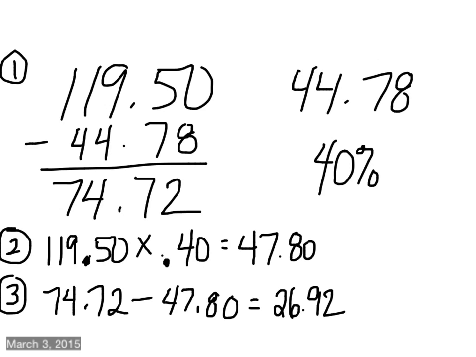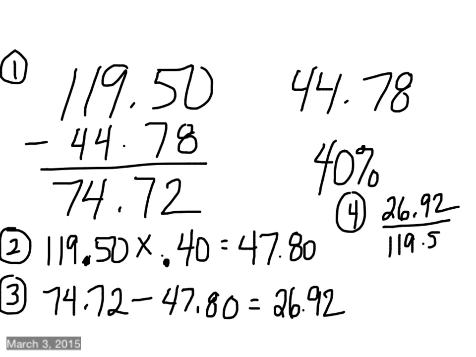Now to find the net profit rate, we take that net profit, so this is step number 4, 26.92, and we divide it by the selling price, 119.5. When I take the 26.92 divided by 119.5, what do I get? I should get a decimal.